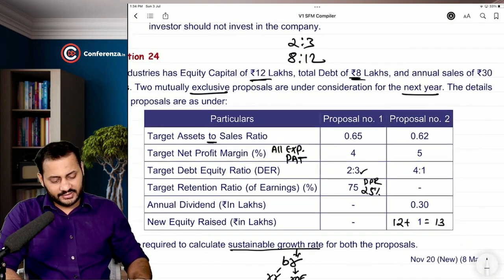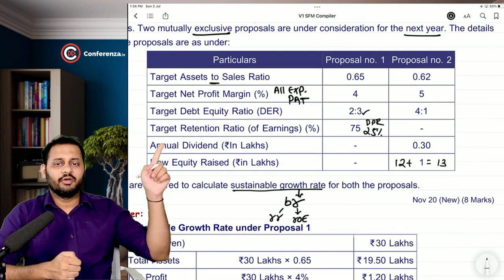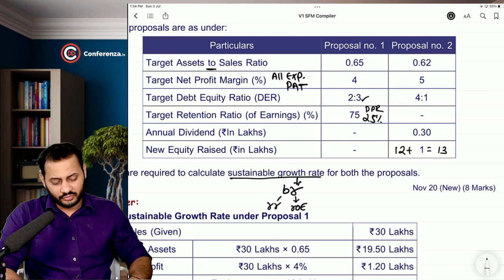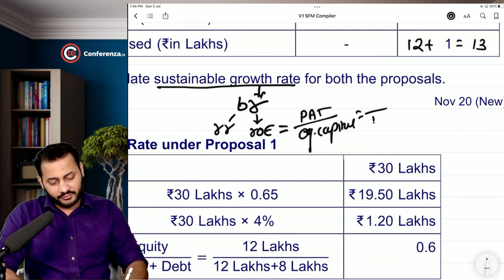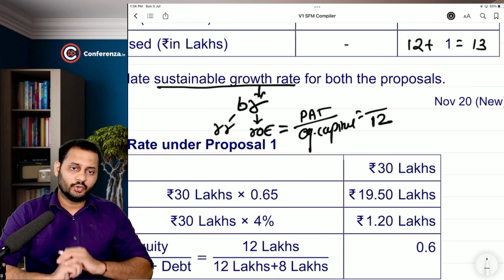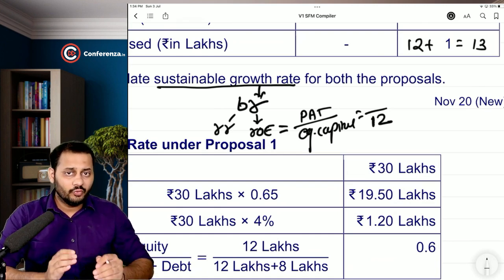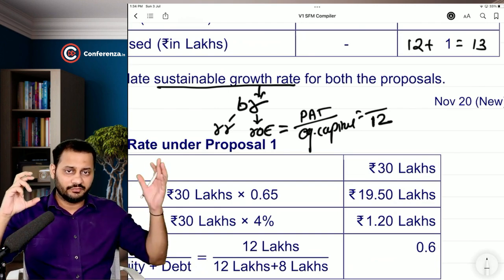Okay. Let's take proposal number 1. In proposal number 1, we already know the retention ratio, and the only thing that we have to calculate is the return on equity. Return on equity is nothing but profit after tax divided by equity capital. We also know the equity capital, which is 12 lakhs. The only thing which is required is profit after tax. See how we are going from the last step to the first step.